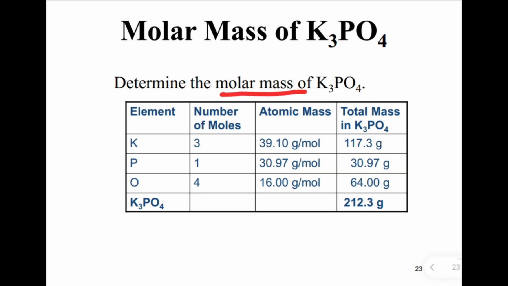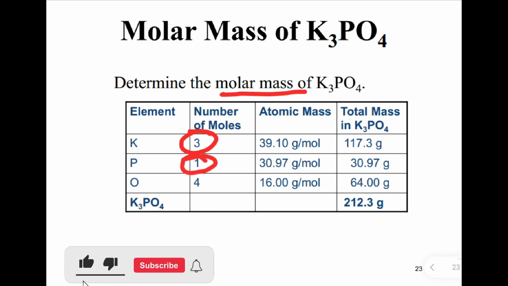In 1 mole of potassium phosphate, we have 3 moles of potassium, 1 mole of phosphorus, and 4 moles of oxygen.